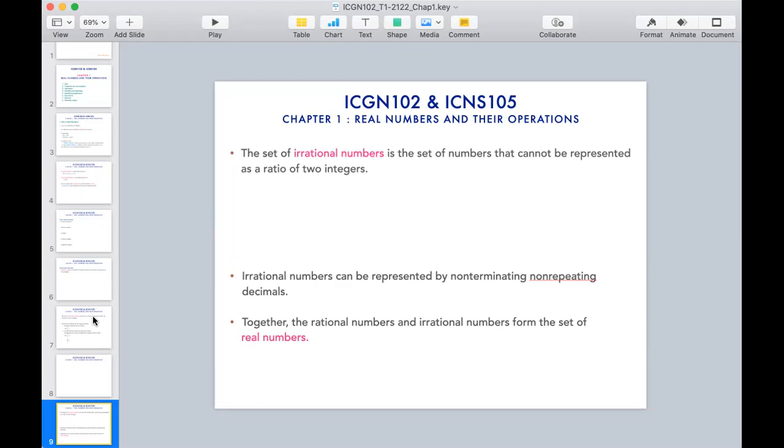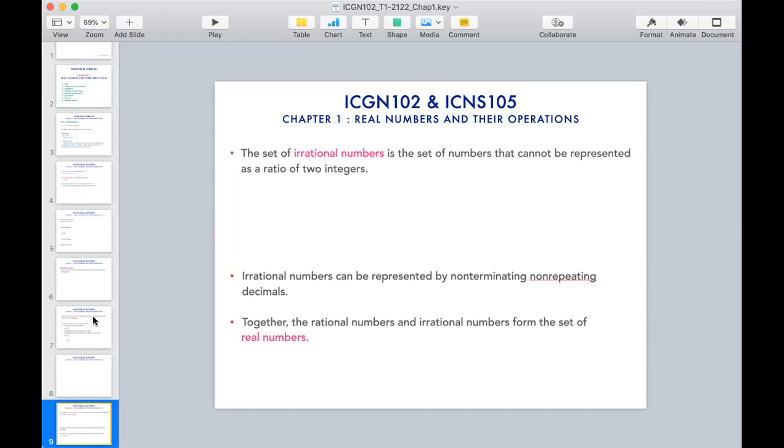When you combine the set of rational numbers and the set of irrational numbers together, it forms the set of real numbers. In this class, when you calculate anything, you get a solution only when the answer is a real number.